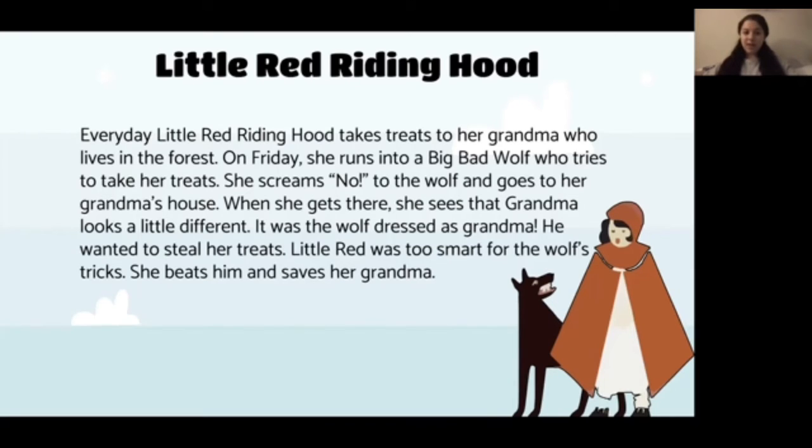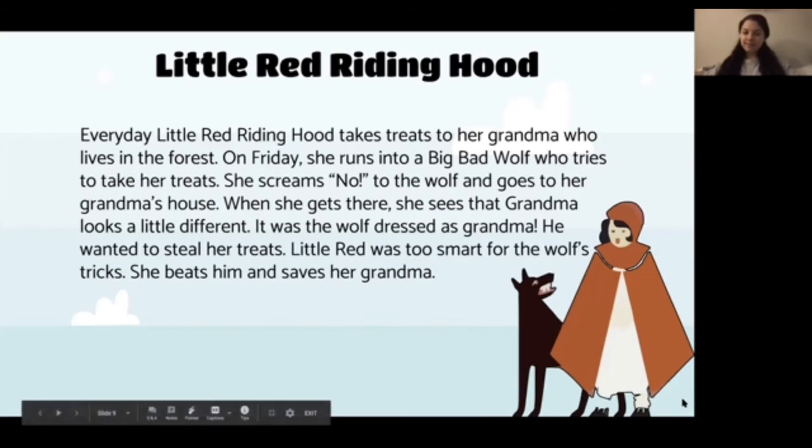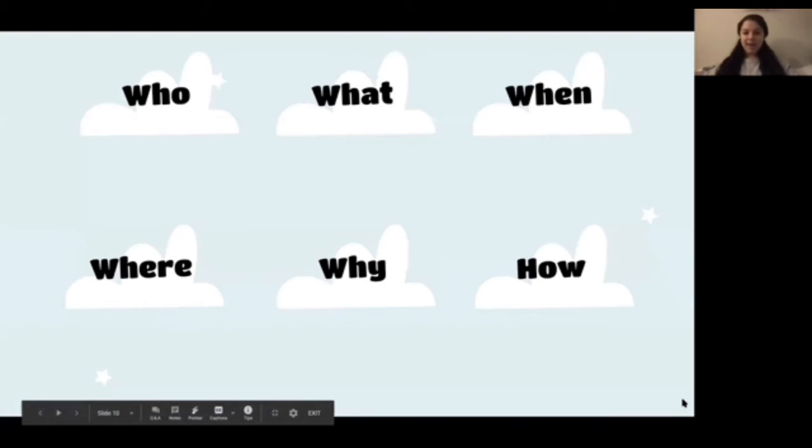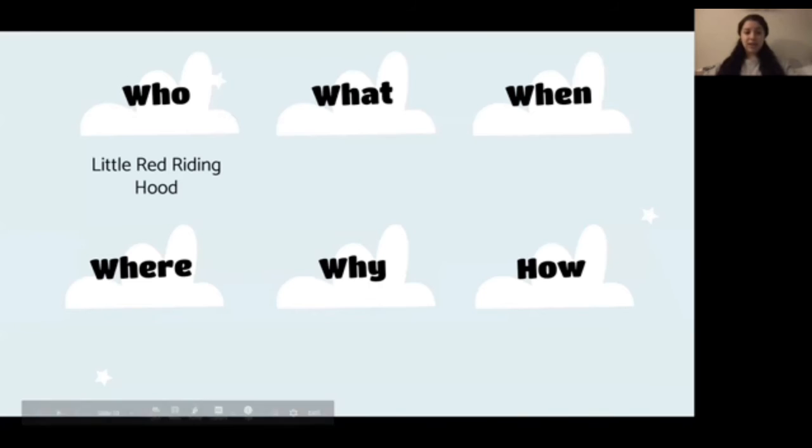Now, pause the video and take a minute to answer the 6 questions. Who, what, when, where, why, and how. Let's go over what you should have found. For the who, our who is Little Red Riding Hood. For the what, what's happening? She's taking treats to her grandmother.